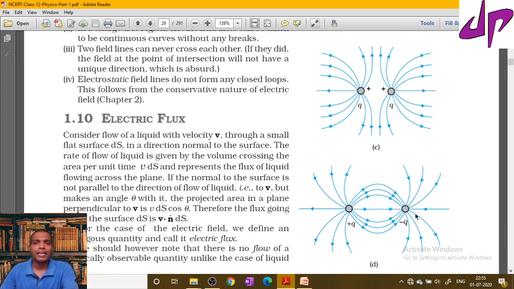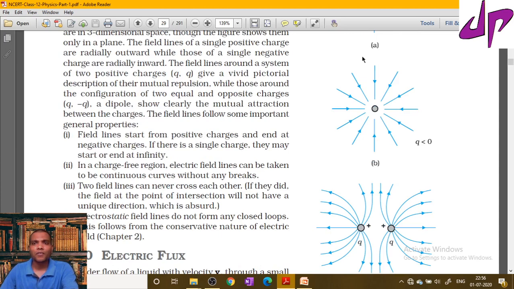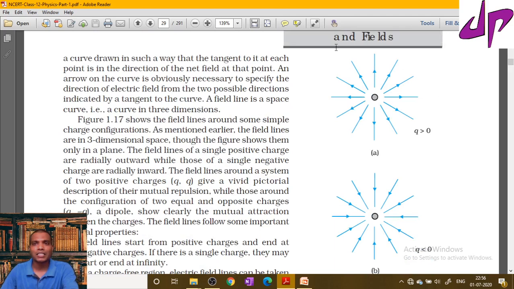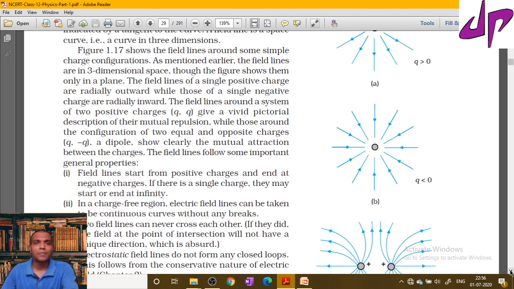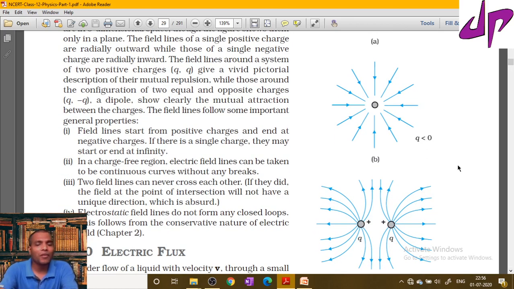This is the electric field lines due to oppositely charged particles, this is the electric field line pattern due to same charges, and above that, this is the electric field lines due to a negative charge, and the first one is the electric field lines due to a positive charge. So please practice all 4 diagrams carefully. Try to draw the electric field lines.